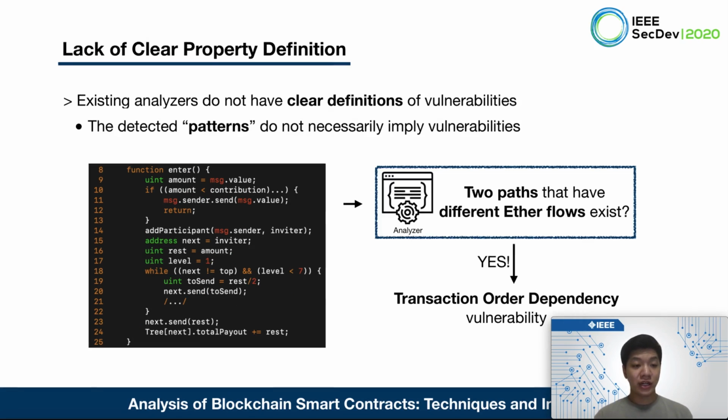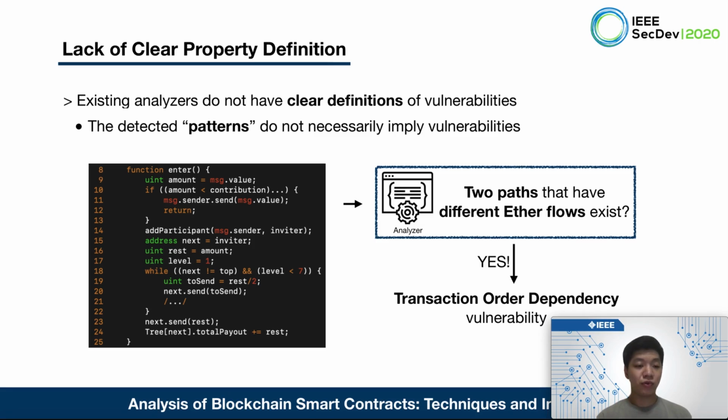The last open challenge is lack of clear definitions of vulnerabilities. Existing analyzers define their own patterns to detect, but they do not necessarily imply vulnerabilities and result in high false positives. For example, an analyzer reports a transaction order dependency if there exist two paths with different Ether flows.